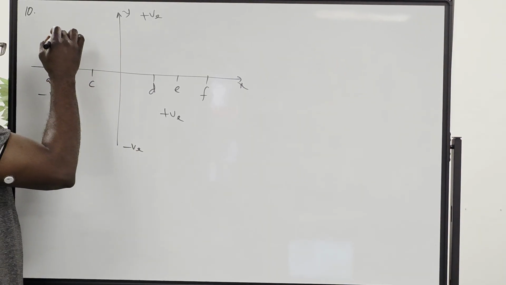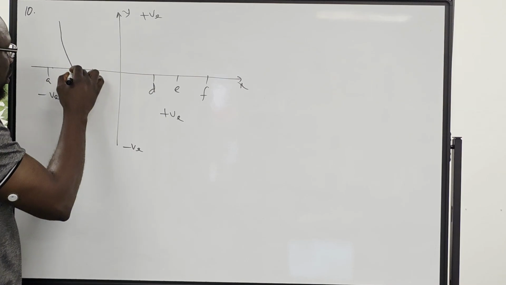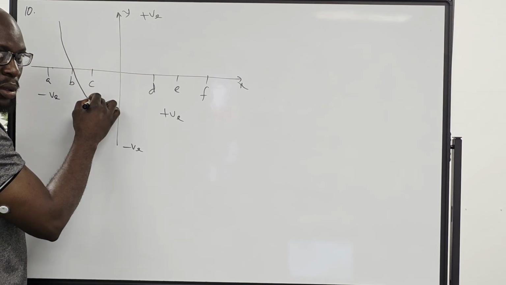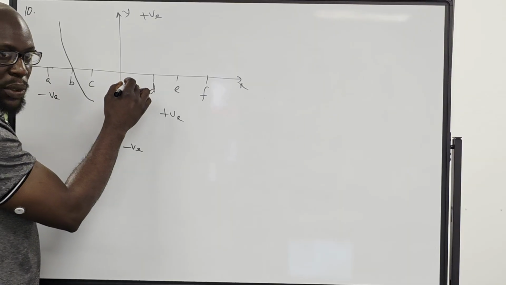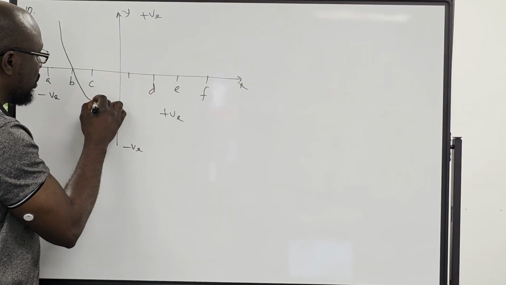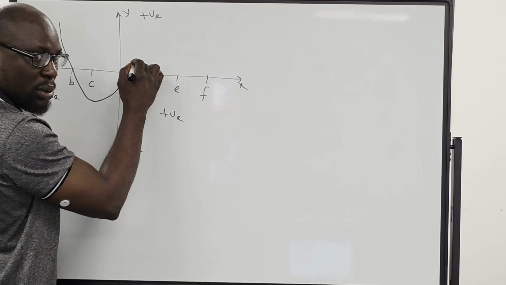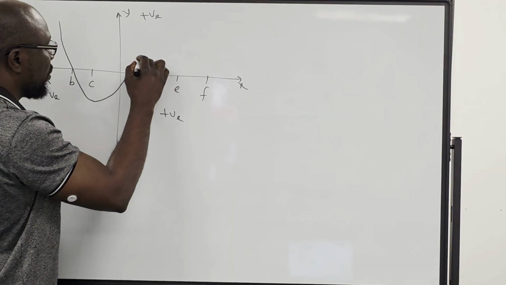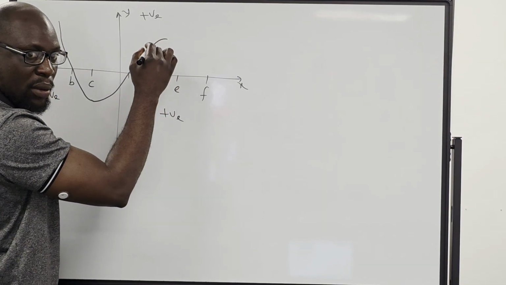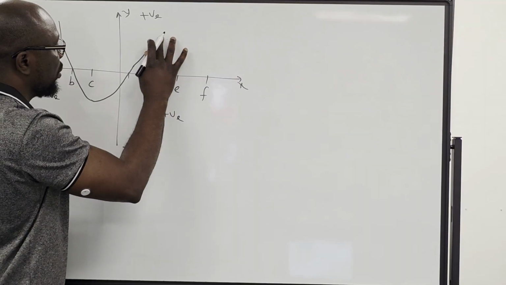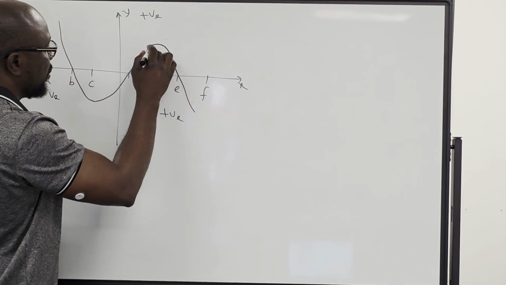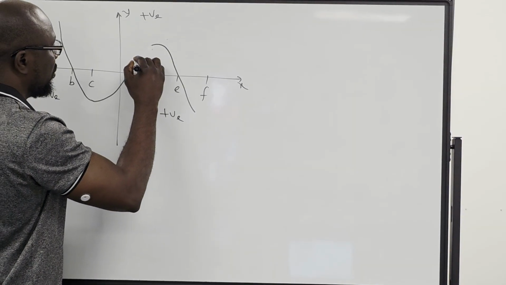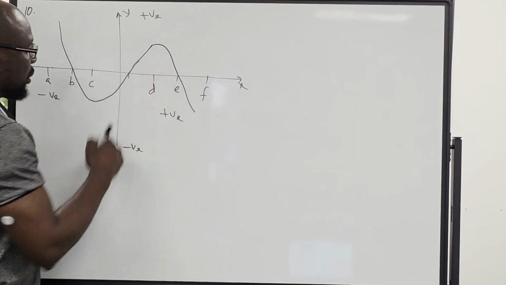This graph cut across B. It got to be something here, we don't know what it is, but it went all the way up and then came down through E, like so. That is the graph.